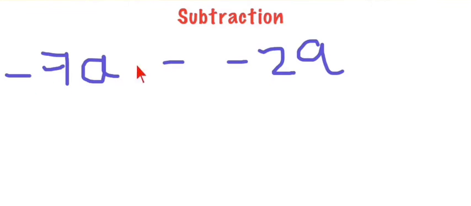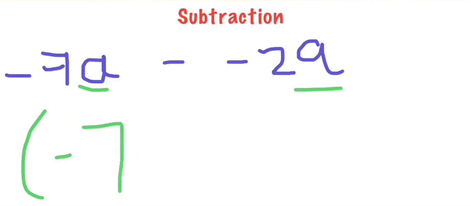Now if I have to solve this, minus 7a subtracted by minus 2a. I can see that in both of the terms, minus 7a and minus 2a, this a is the same. So now I have to perform minus 7a minus 2a.